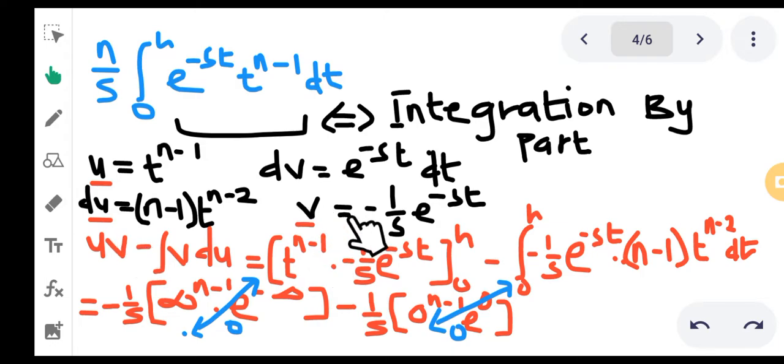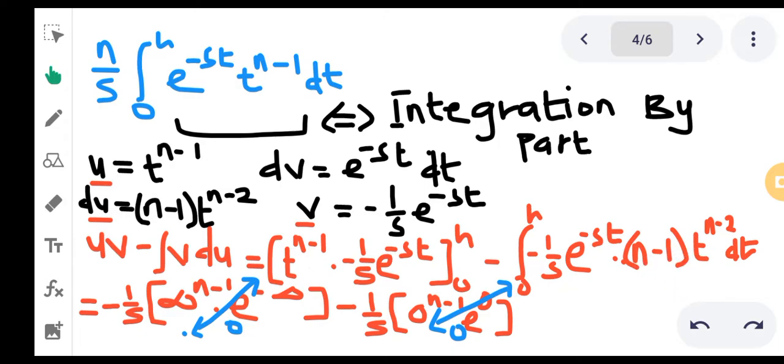My v is minus 1 over s times e exponent minus st, taking the limit from 0 to h, minus the integral of v du. So this was my v, minus 1 over s e exponent minus st, and this was my du, n minus 1 t exponent n minus 2.